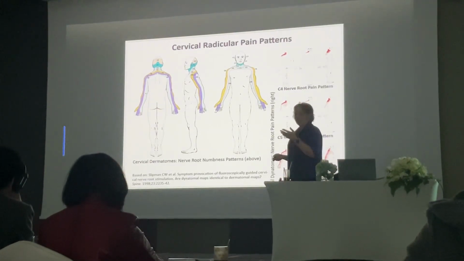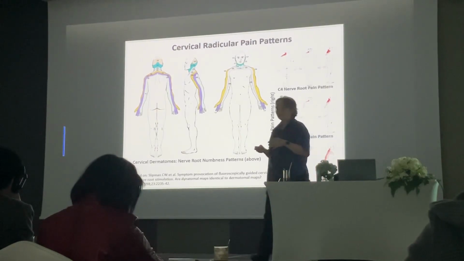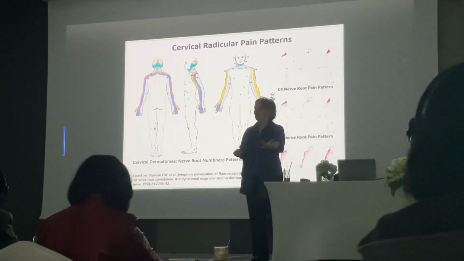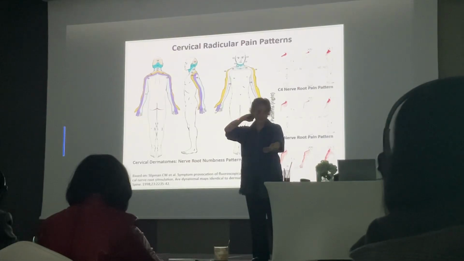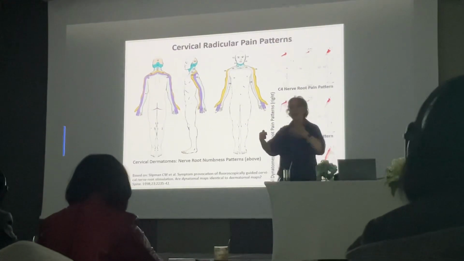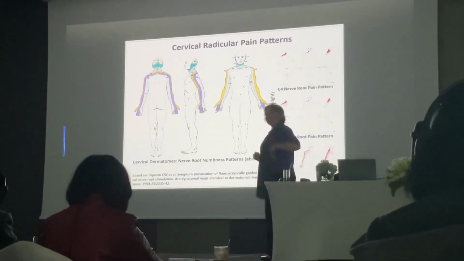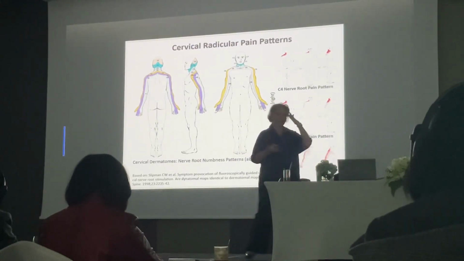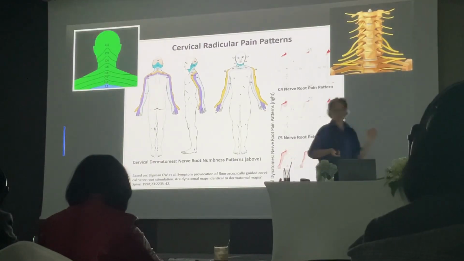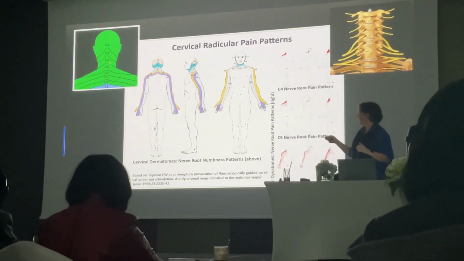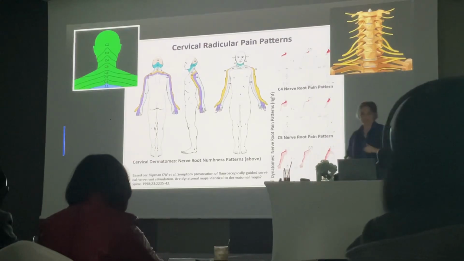It's fascinating, isn't it? You think that the problem is in your hands, but in reality it's up here. It's because of the habits, the function, how you used your body throughout your life. Here are the dermatomes.